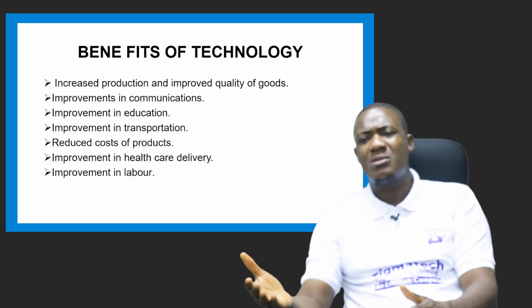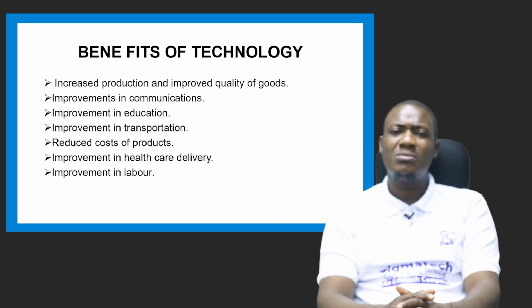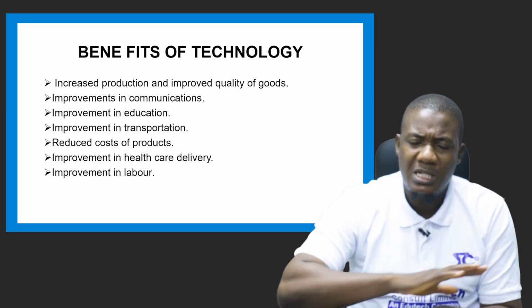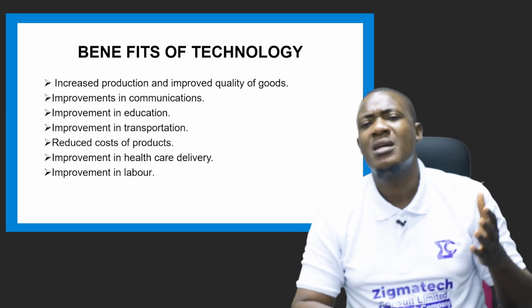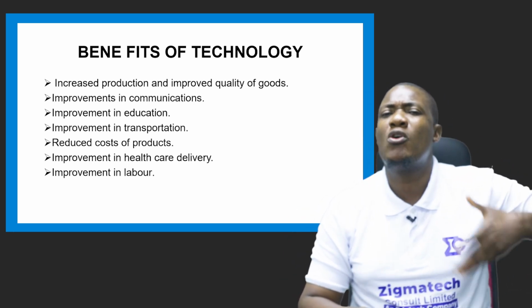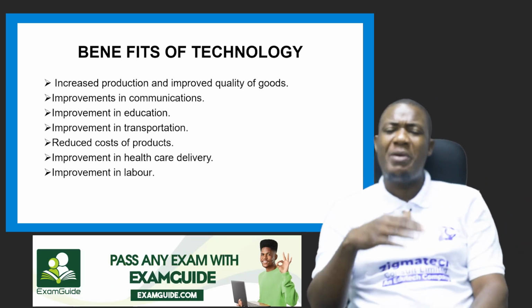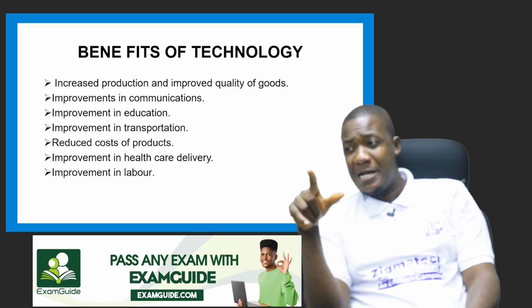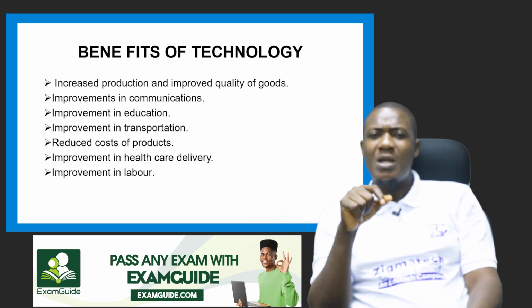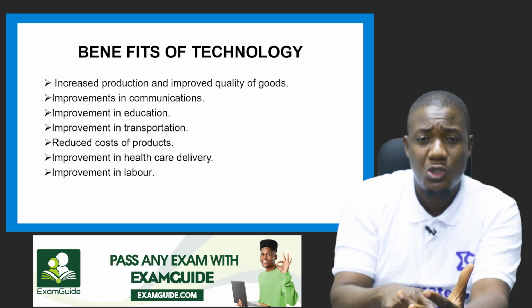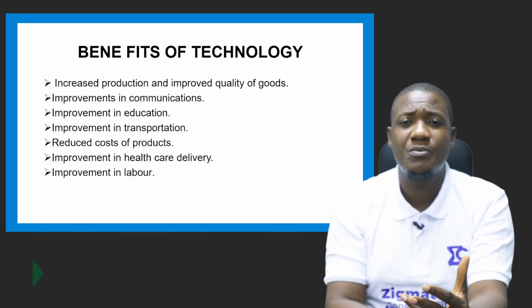In labor, technology has helped in labor. This way, you can see that people no longer pay as much as they used to pay in hiring labor. And labor is more efficient too because of technology.